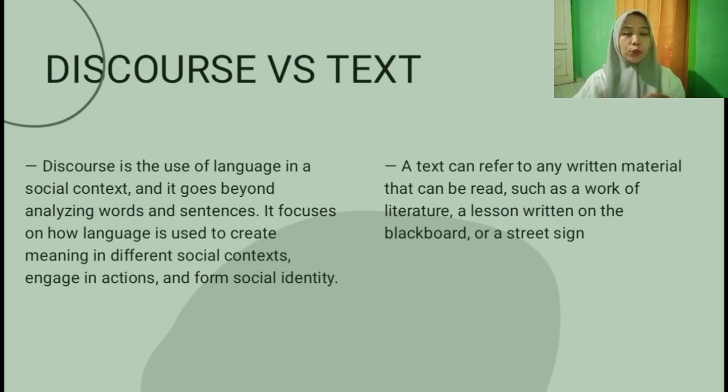Examples of text include novels, drama, short stories, as well as the content of letters, bills, posters, and similar entities that contain written material. So the main difference between discourse and text is that discourse is the use of language in social context, while text refers to a specific instance of written or spoken language that can be analyzed.